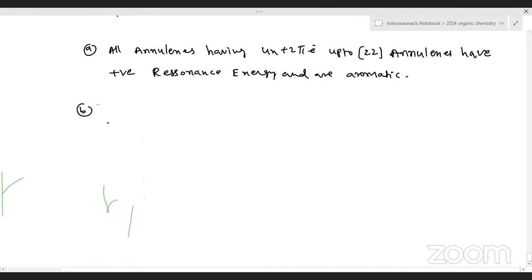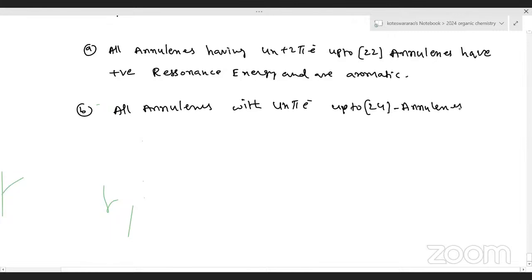Right. The second one: all annulenes with 4n electrons, up to 24 carbons, have negative resonance energy and are non-aromatic.